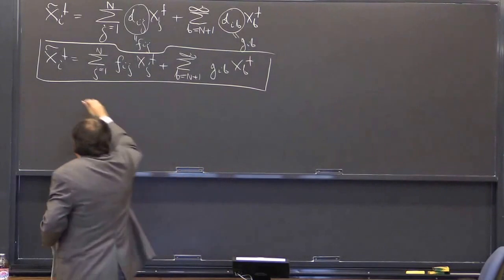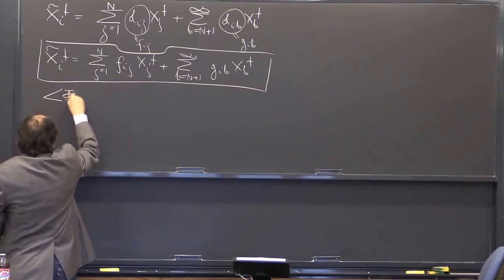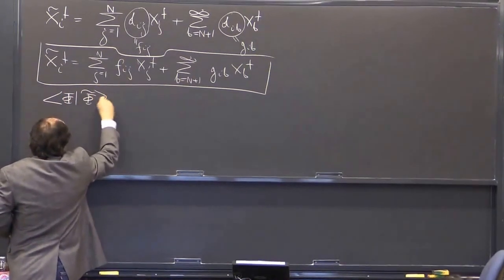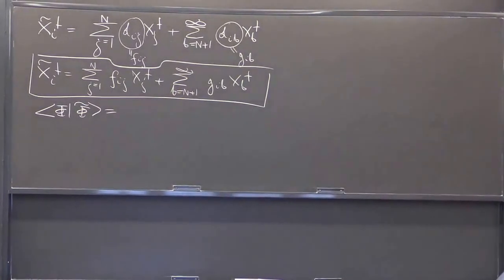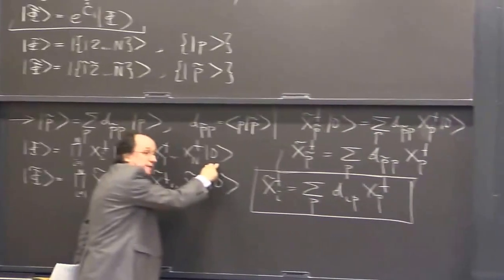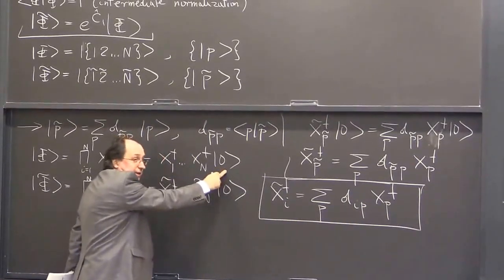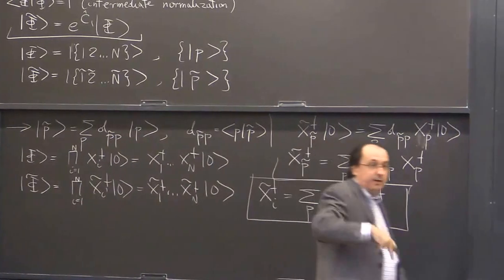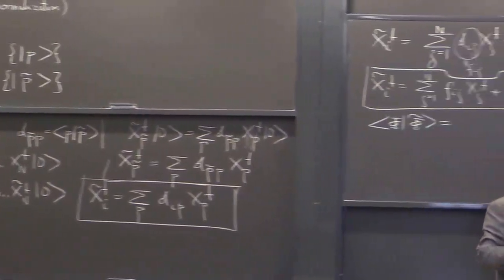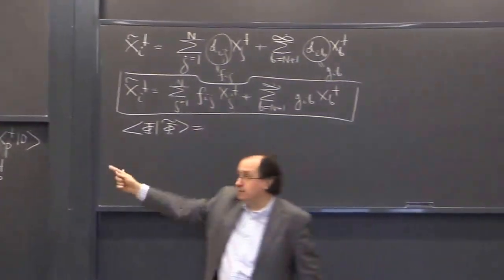So what I'll do, I'll simply compute the inner product of phi and phi tilde, using definitions that we have. So what is phi? Phi is a product of the creation operators acting on the vacuum. If I want to know the bra phi, I have to, of course, replace x daggers by x's, the ket vacuum by the bra vacuum, and write these operators in a reverse order.